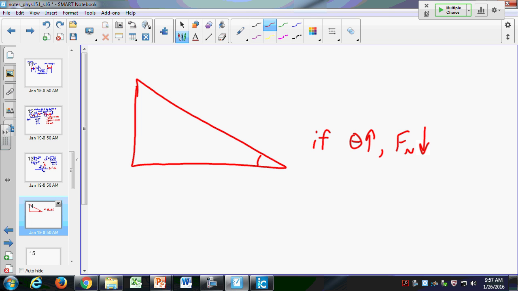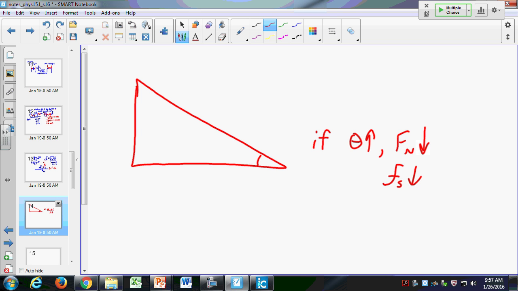What happens to Fs? Up, down, stay the same? It goes down, right? If I increase my angle, the normal force decreases enough so that the static frictional force decreases and the thing slides off.